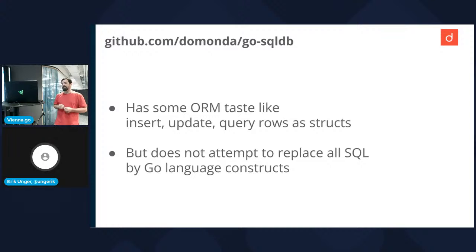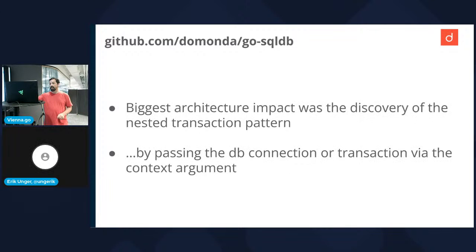So we try to have that balance of you can do the simple things in a simple way, but you can do all the heavy lifting of SQL if you want to.